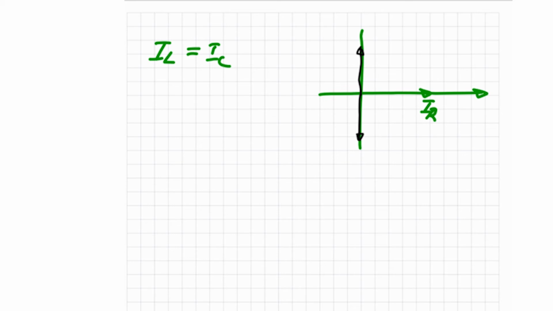And then there's no imaginary part. The I total would be just IR. So that would be IS. And in this case, V, the voltage of the circuit, is in phase with the current of the circuit.